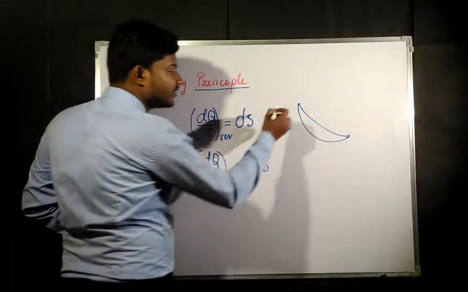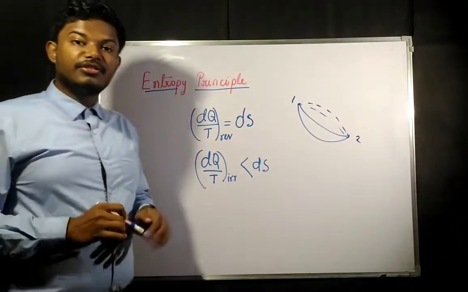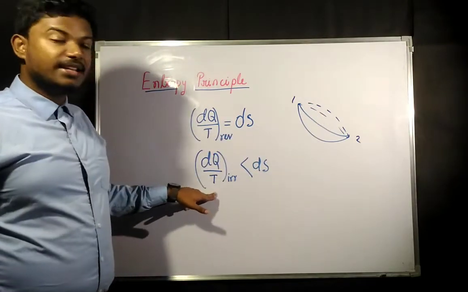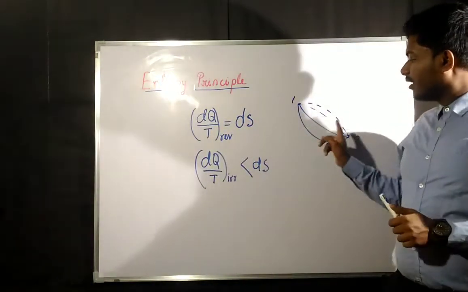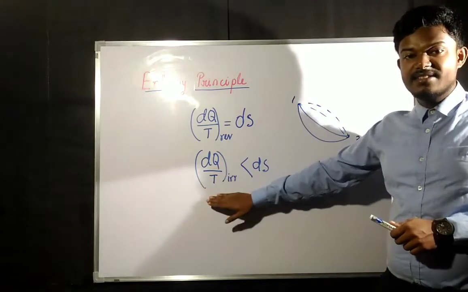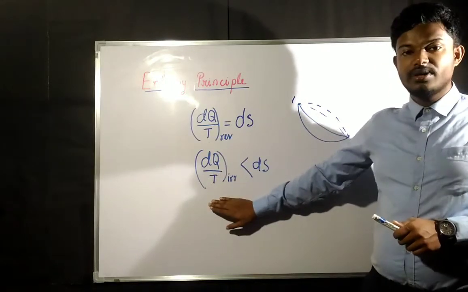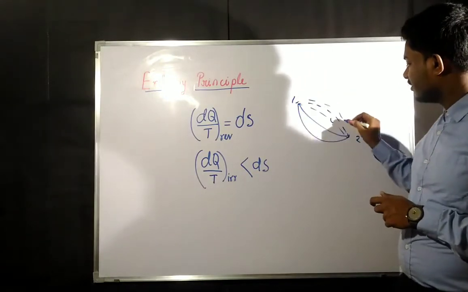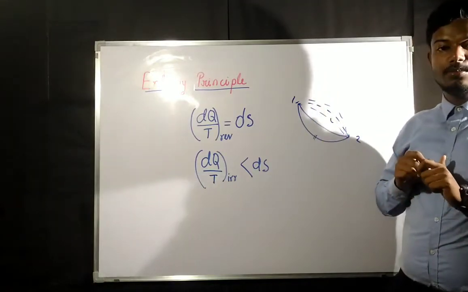But between the same points, if there are a number of irreversible processes, we have seen that the dq by T term for all these irreversible processes is not the same, and it is always less than the dq by T term for reversible processes.